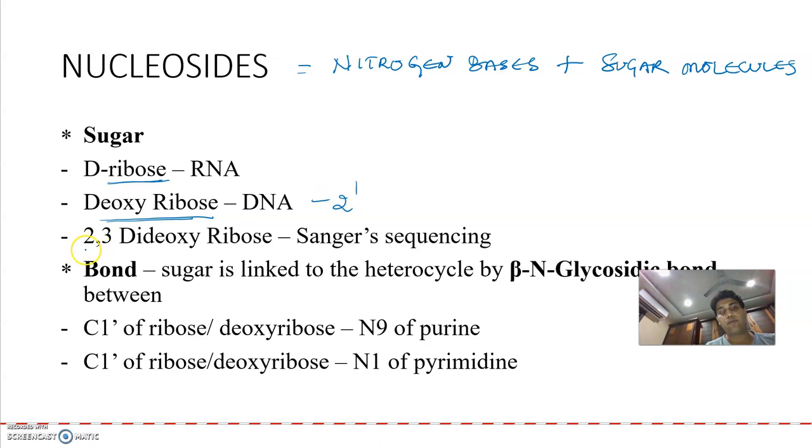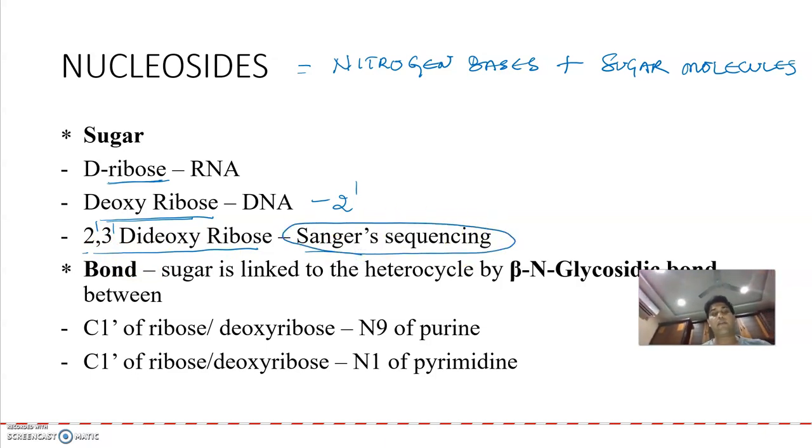Then we have 2',3'-dideoxyribose, which is seen in Sanger sequencing. To stop the Sanger sequencing, we use 2',3'-dideoxyribose. Mainly you have to remember ribose and deoxyribose. Ribose we use in RNA and deoxyribose is present in the DNA.